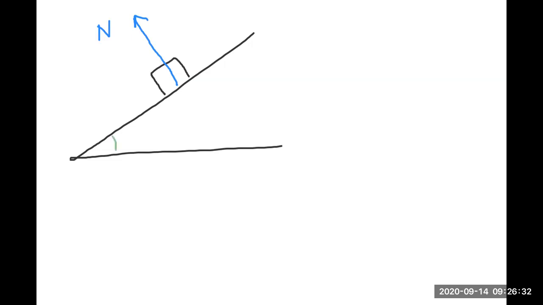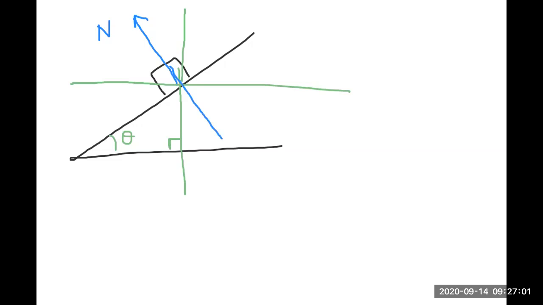If this angle is theta, and if I were to draw a horizontal line and a vertical line, then this angle would definitely be 90 degrees. And what can you tell me about this angle, the blue angle?